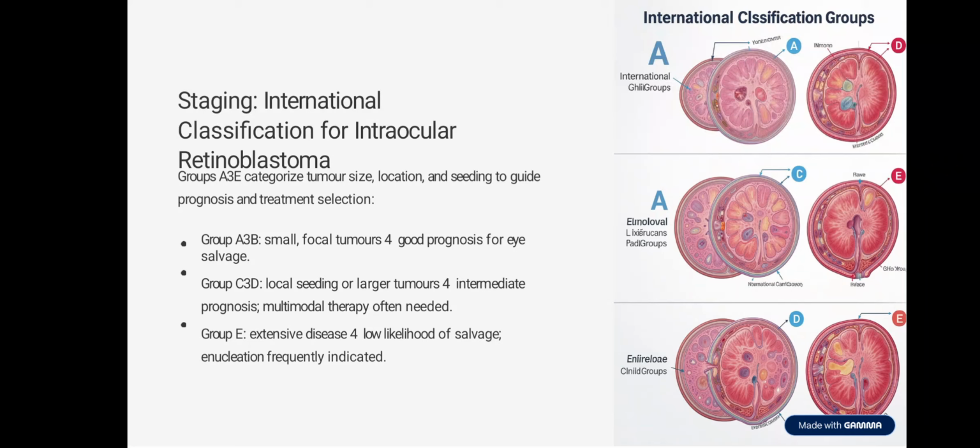Group A and B indicate small focal tumors with good prognosis for eye salvage. Group C and D indicate local seeding or large tumors, with intermediate prognosis; multimodal therapy is often needed. Group E is extensive disease with low likelihood of salvage; enucleation is frequently indicated.